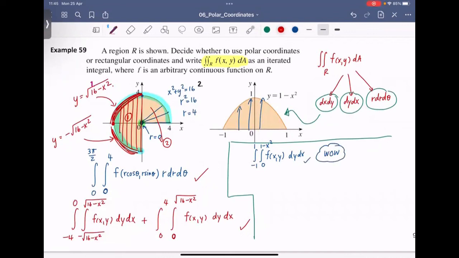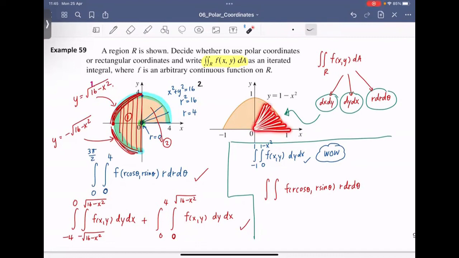This is okay. How about if I use the polar coordinates? Well, I'm going to show you it is not that bad. If I use polar coordinates, what I'm going to do is clean the picture again. So follow my laser. It's going to be this. Well, it's okay because you don't have to split the region either.